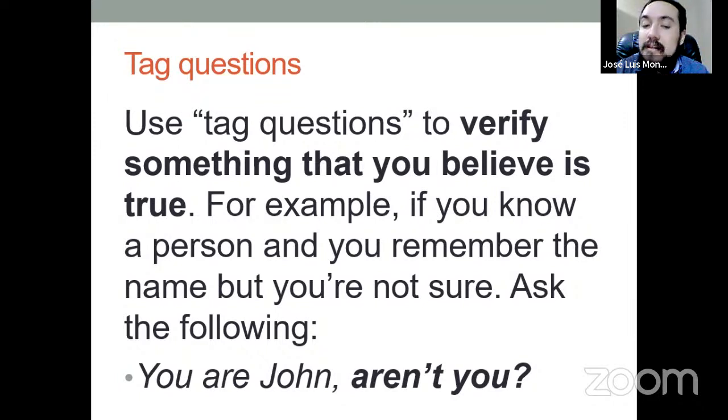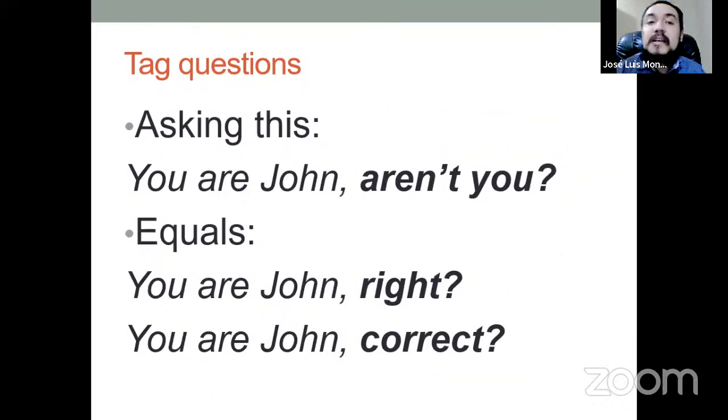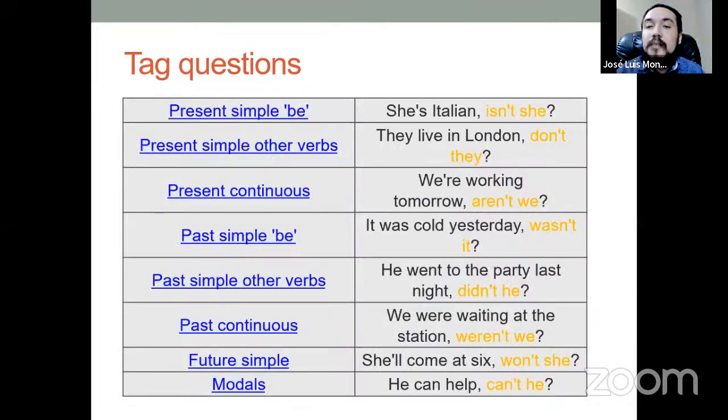So it is like this: You are John, aren't you? That is a tag question. And again, it's just verifying something because it means right, correct. We are looking for a verification, looking for confirmation.